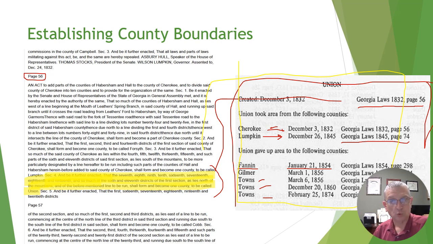Oftentimes that requires an act of the legislature. So there may be a bill number or a resolution number where the legislature has extended to a certain city all of this highway and the property on the west side, etc. So, city limits and city boundaries are not as historical as the county boundaries.